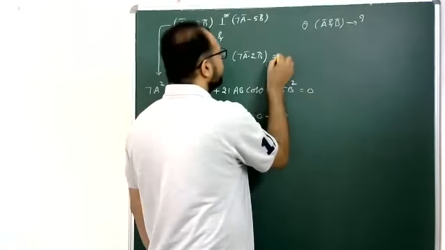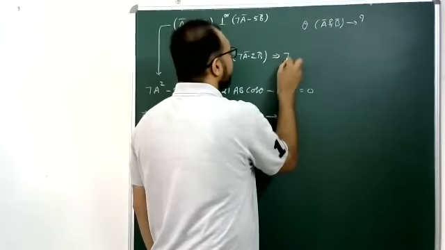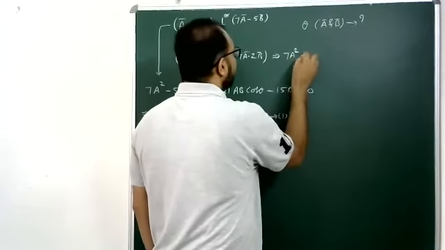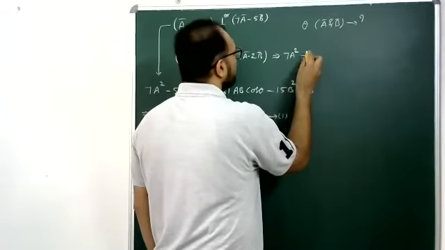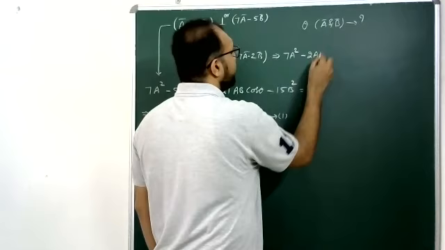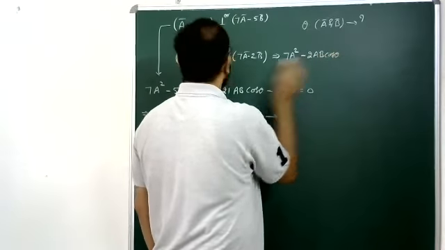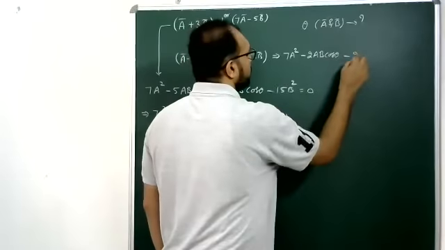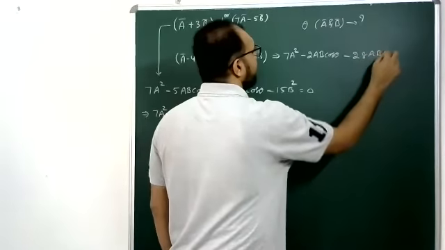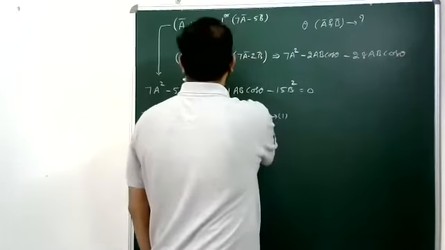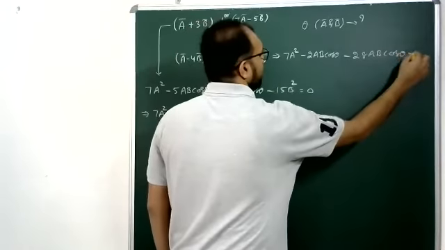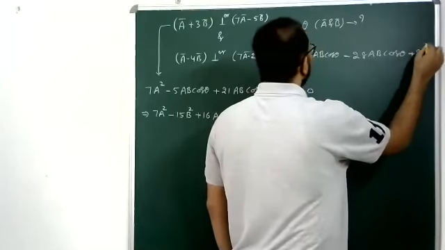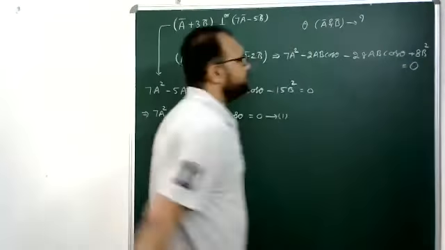So then here 7A square, minus 2AB cos theta, minus 7 into 4, 28 AB cos theta, plus 8B square equal to 0.